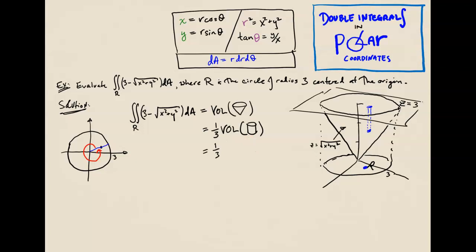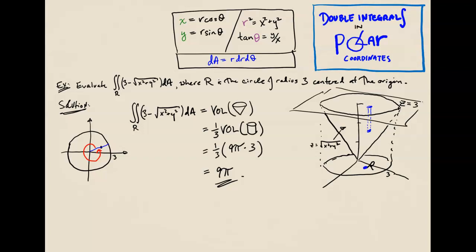As for the volume of a cylinder, well, of course you know that. That's just the area of its base times its height. Its base is a circle of radius 3, which therefore has an area of 9 pi, and its height is 3. So when you do the arithmetic, that comes out to be 9 pi, which is exactly what we got when we did our double integral with polar coordinates. Good, that means I did not make a mistake somewhere in my integration.